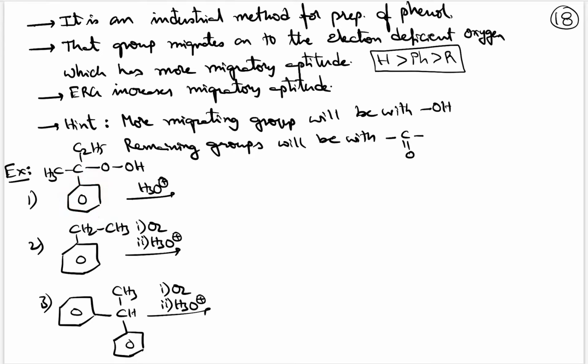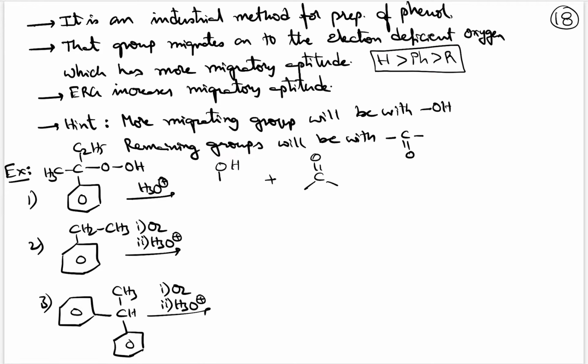So two products are possible here. One is with OH and another one is with C double bond O. Yes or no? So here one group should be present, here a second group, here a third group, total 3 groups. And what are those 3 groups? These only are those 3 groups. But which group should be with OH? That you have to decide. That depends upon the migratory aptitude order.